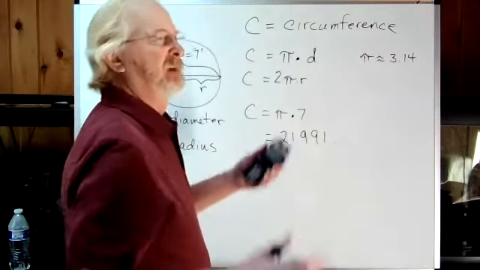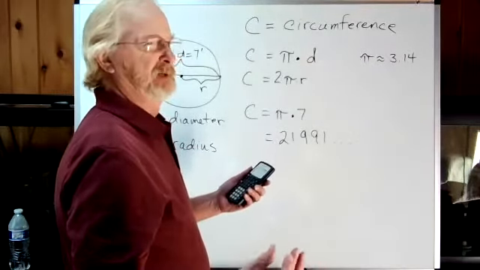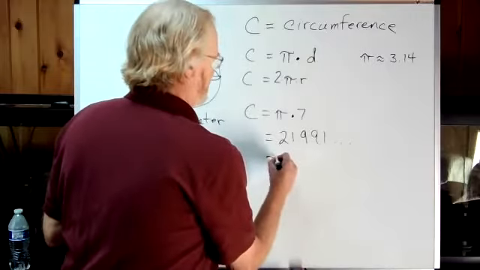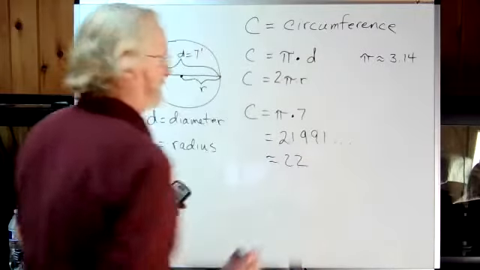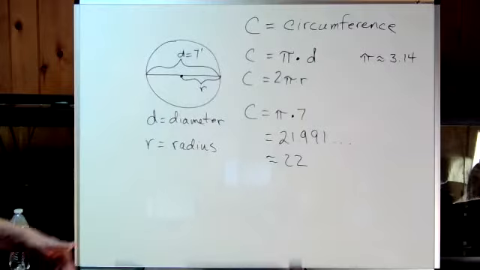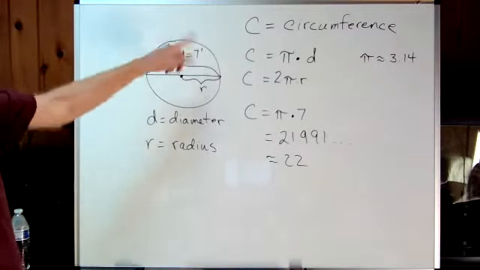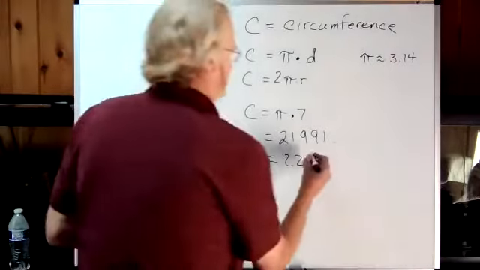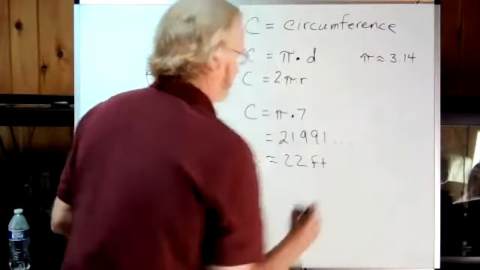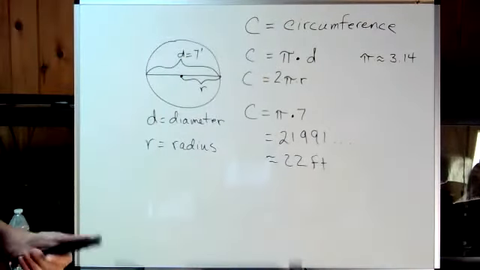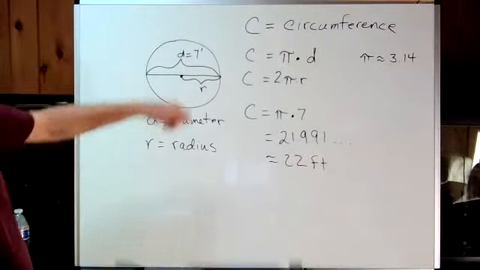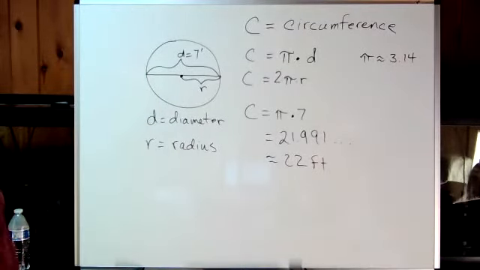Here I might just say that's approximately 22, and this was just a length, so it was 22 feet. Not an area, not little squares, just how long. Putting a string or tape measure around the outside.